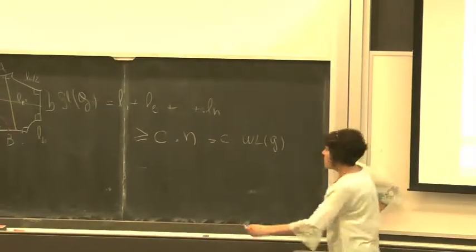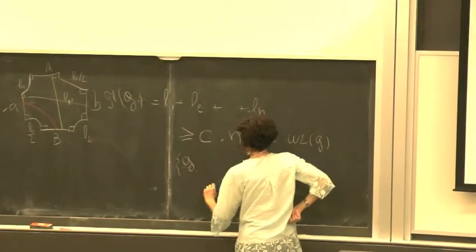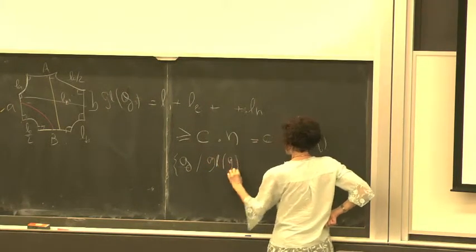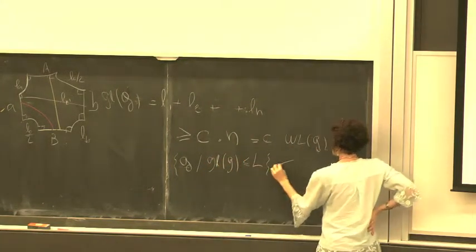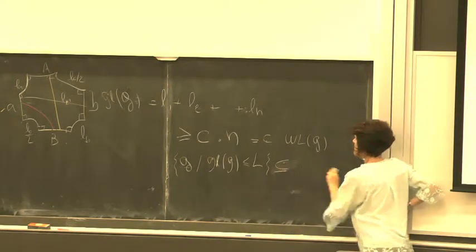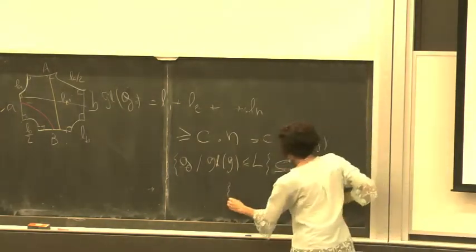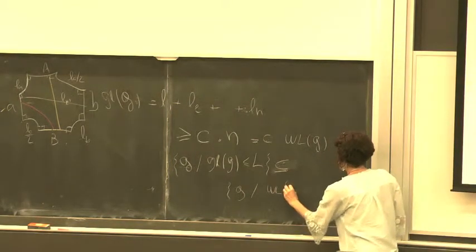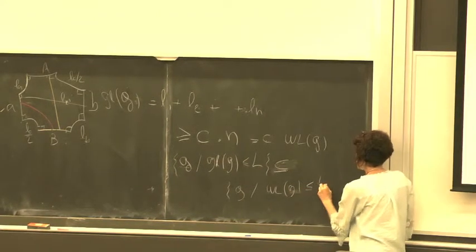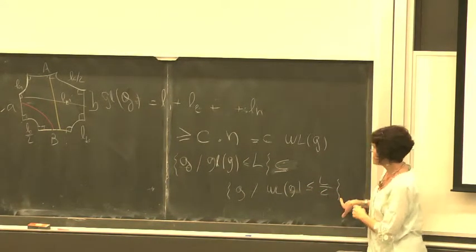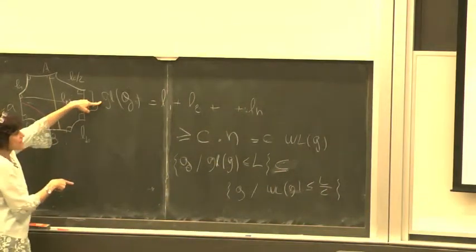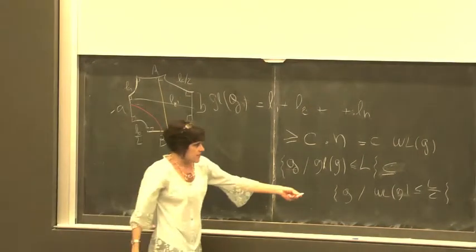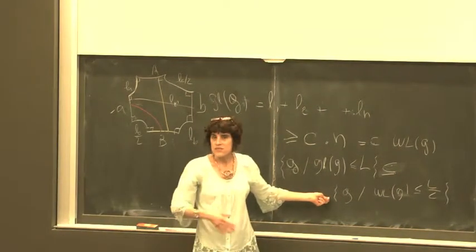Now this tells me that all the geodesics up to geometric length big L are included in all the geodesics up to word length L divided by C. Yeah, because if this one is smaller than L, then the word length is smaller than L divided by C. Then this I can look at, because I can list all of them.